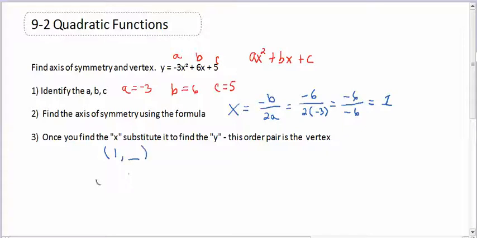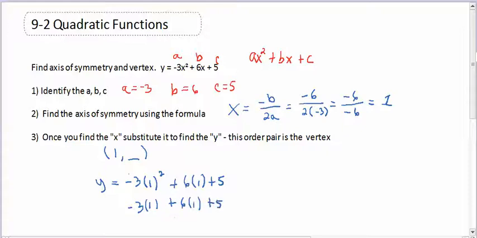So I'm going to take my y, and I've got negative 3 times 1 squared plus 6 times 1 plus 5. Negative 1 times negative 1 is positive 1. So now I have this. Probably can do some of this in your head.